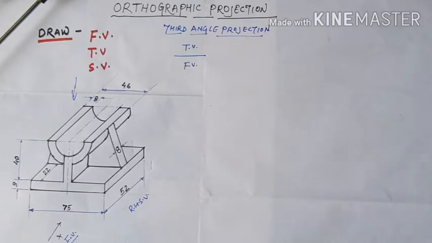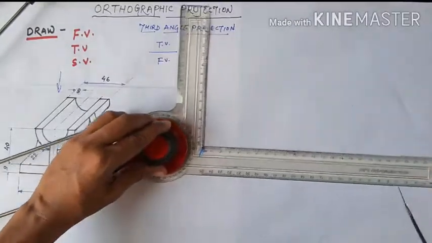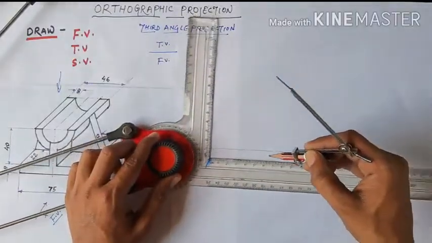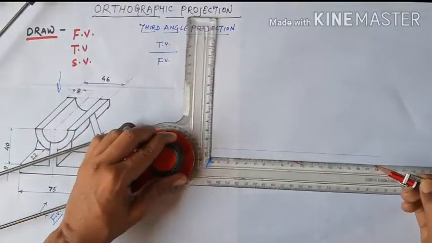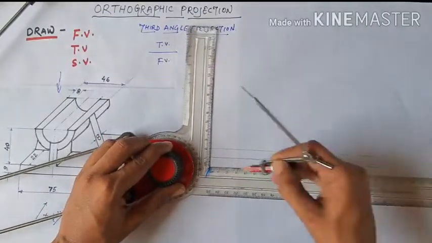First of all we have to draw a line, and the gap is 1 centimeter. Here we draw three lines: this is the first, this is your second line, and this is your third one.